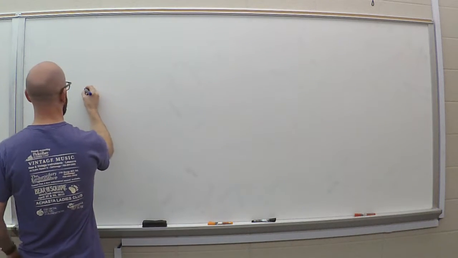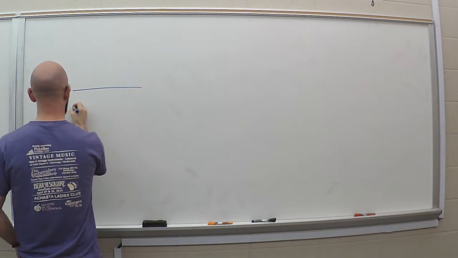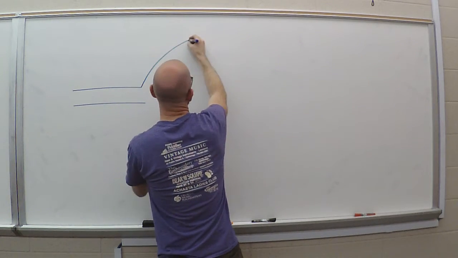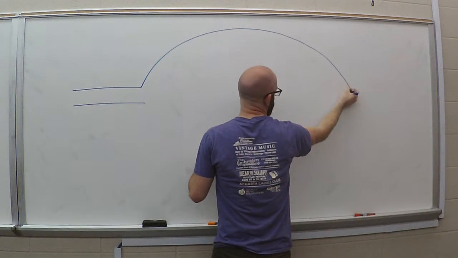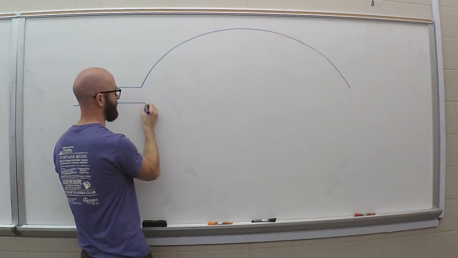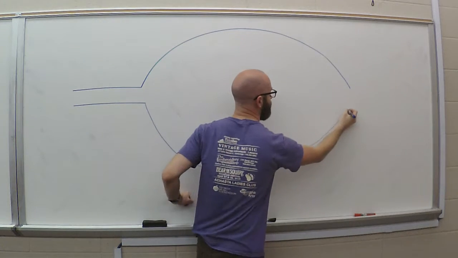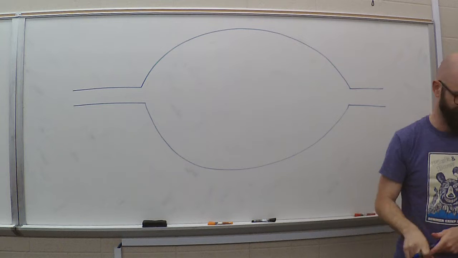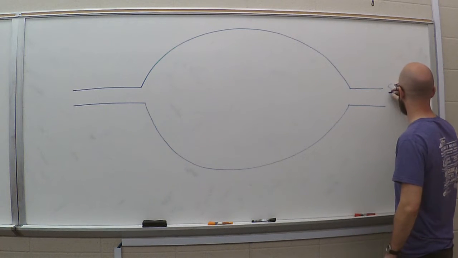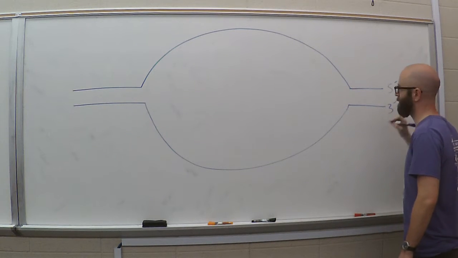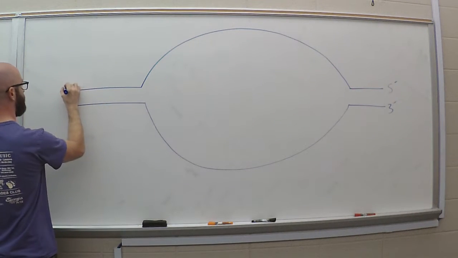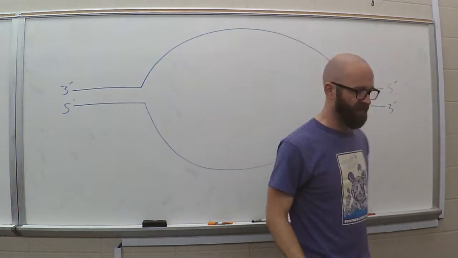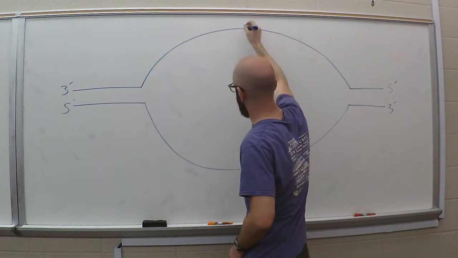So let's say here's our double strand of DNA, and here's a replication fork, and then on the other side of the origin of replication, you have another replication fork. So there's a 5' end here, 3', and over here we've got 3', 5'. So this is our origin of replication.